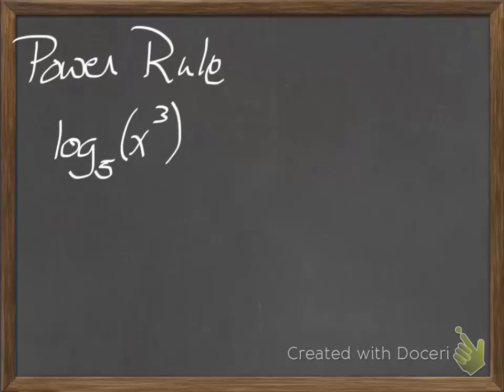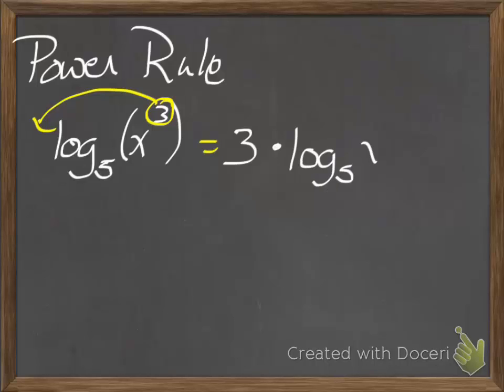When it's a single term like this, it doesn't really matter, but if you have something being multiplied, it helps. So this is one where we take our exponent and bring it to the front. So 3 times log base 5 of x.